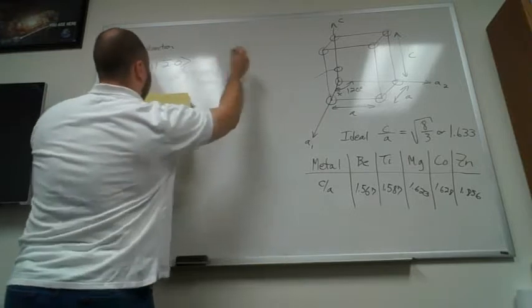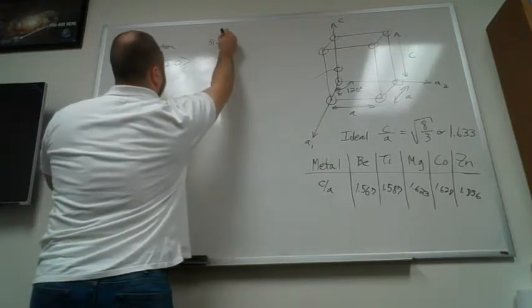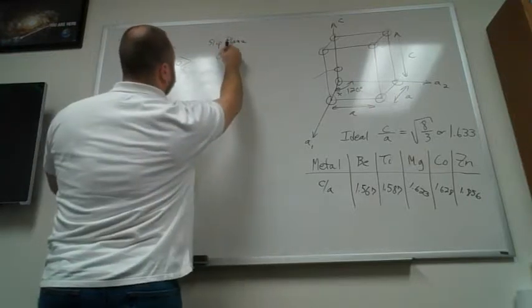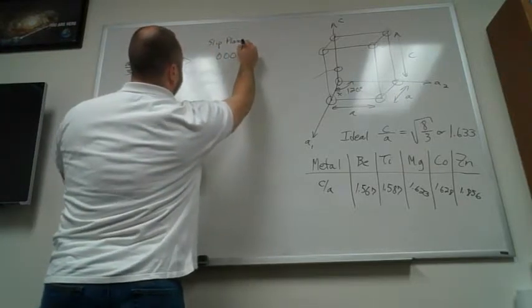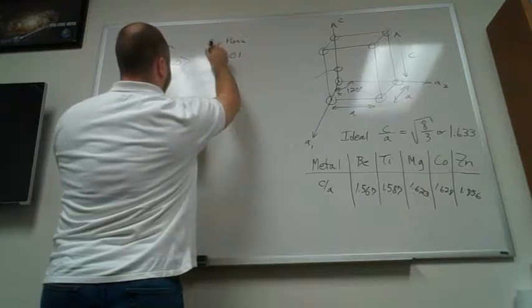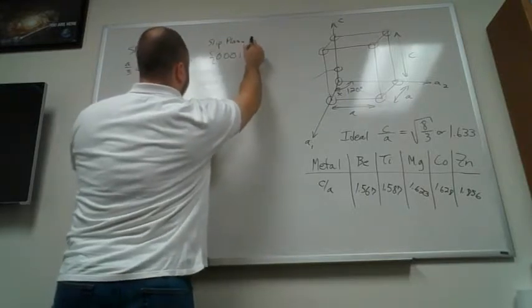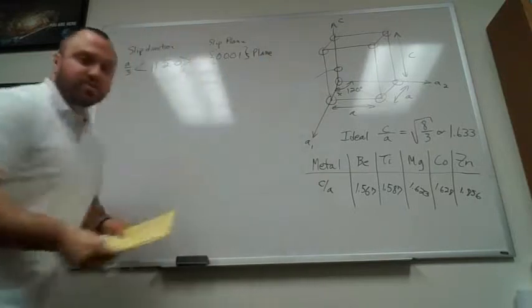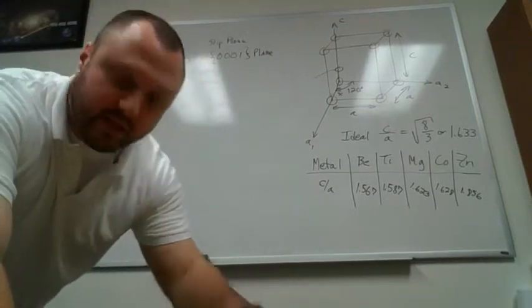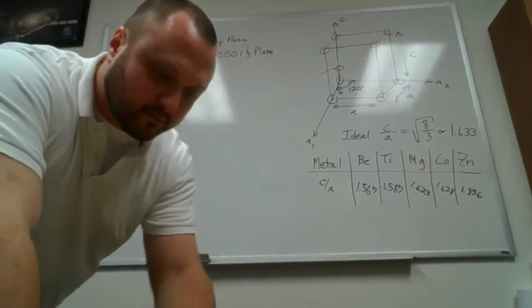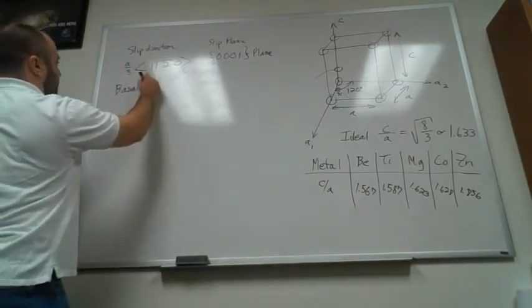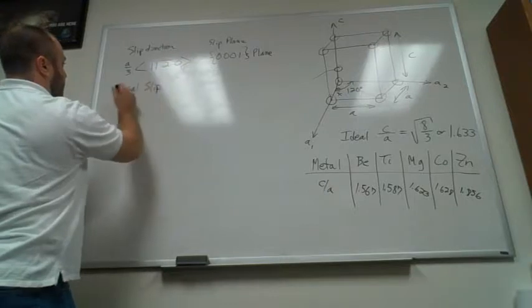And then the slip plane is going to be the 0, 0, 0, 1 plane, right? So these are those basal planes. And that would be the easiest place to have slip. So this is in fact called basal slip. All right?